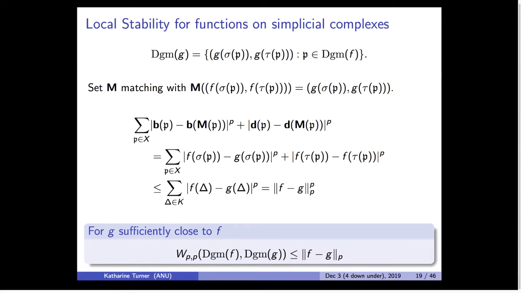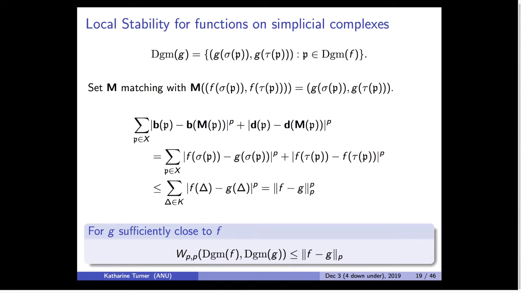Okay? Now, it is true that the Wasserstein P infinity will also be bounded, but that's because the P infinity distance is always bounded by the PP distance, because you're just neglecting the smaller values. It makes sense since we can put these smaller values in anyway.